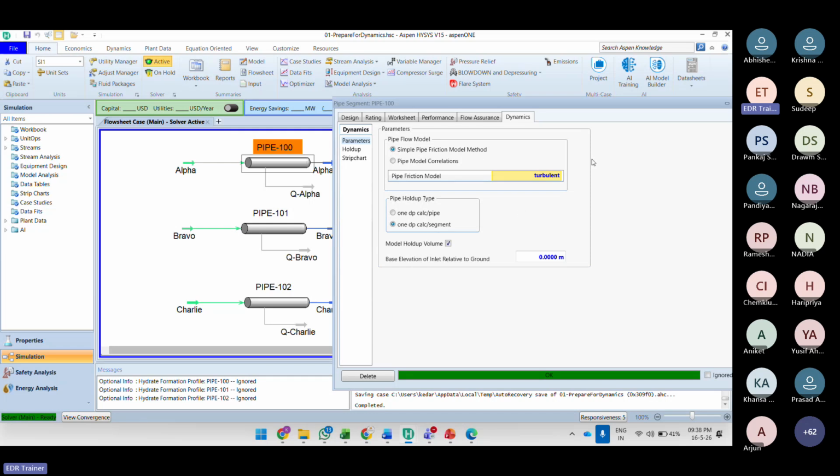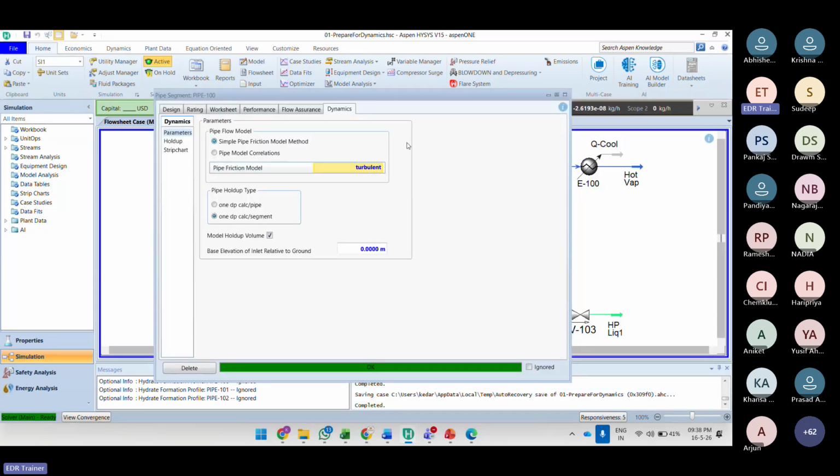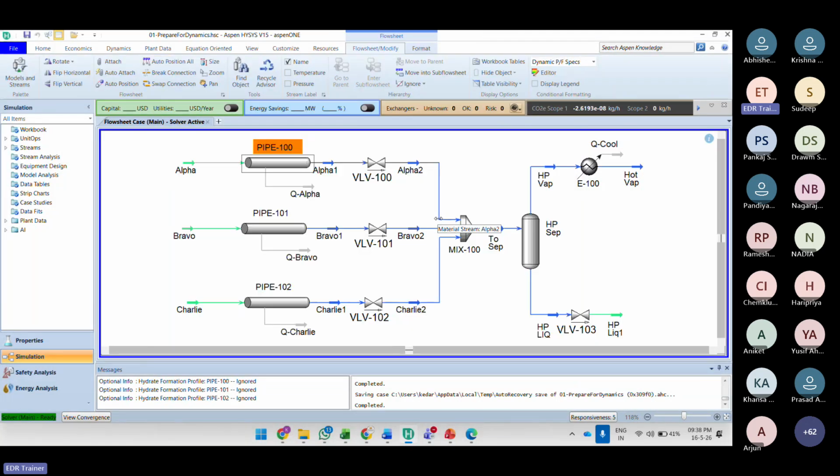In my case, just as an example, I am going with the simple pipe friction model at this moment. But you can always keep the pipe model correlation which was already chosen during the steady state simulation. Okay, once this is done, then we will go to the dynamic mode.